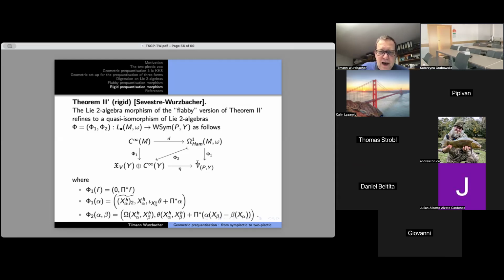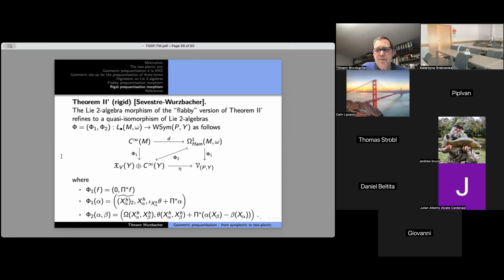So I take fewer elements here in a certain sense, because I want symmetries, but I have to correct by the one-forms. And here I take again the sections of the Lie algebroid. And now I have a morphism of Lie two-algebras, which is a quasi-isomorphism.